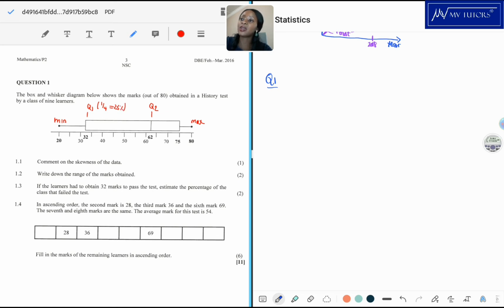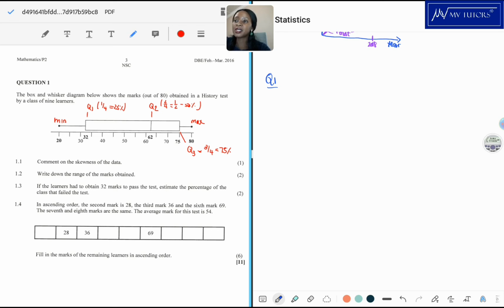Then we have our second quartile, which is 2/4, the same as a half, which is 50%. Oof, my handwriting there. And then we have our third quartile, Q3, which is the same as 3/4. That's 75% of our data.